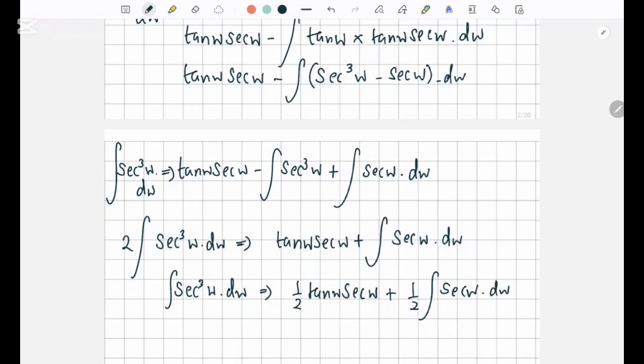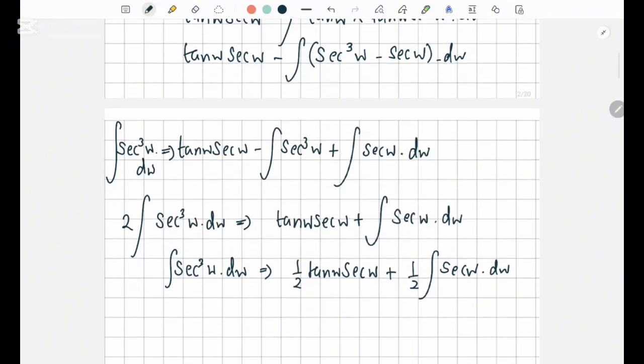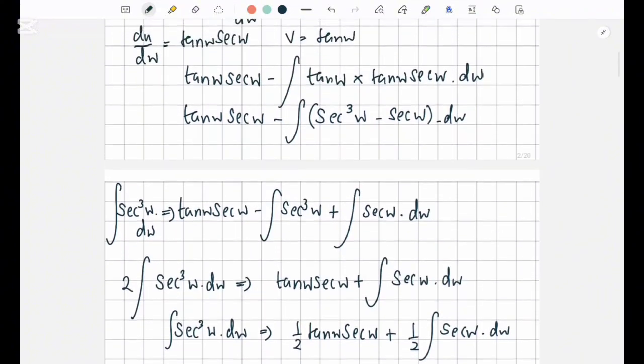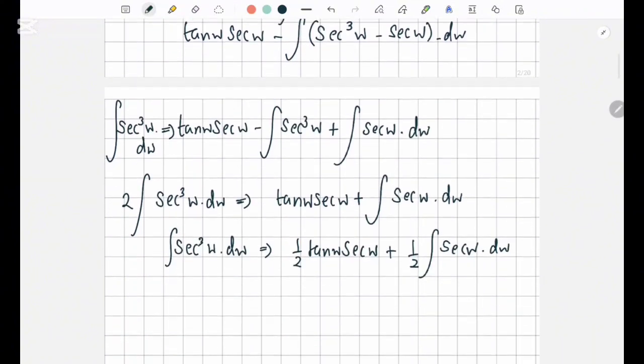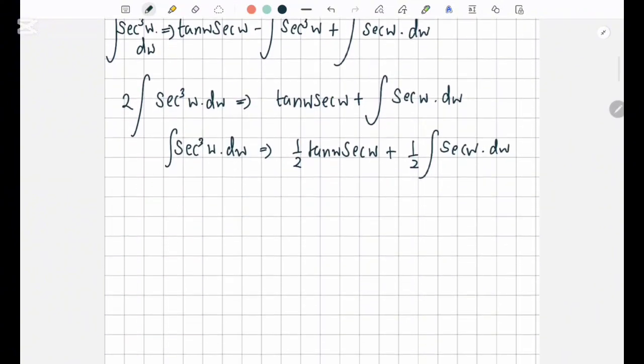So now this is sec cube, right? And now we have negative the integration of sec w. So remember I told you guys to keep 25 outside for now. So now let's write our final integral. So now it's 25 open brackets.